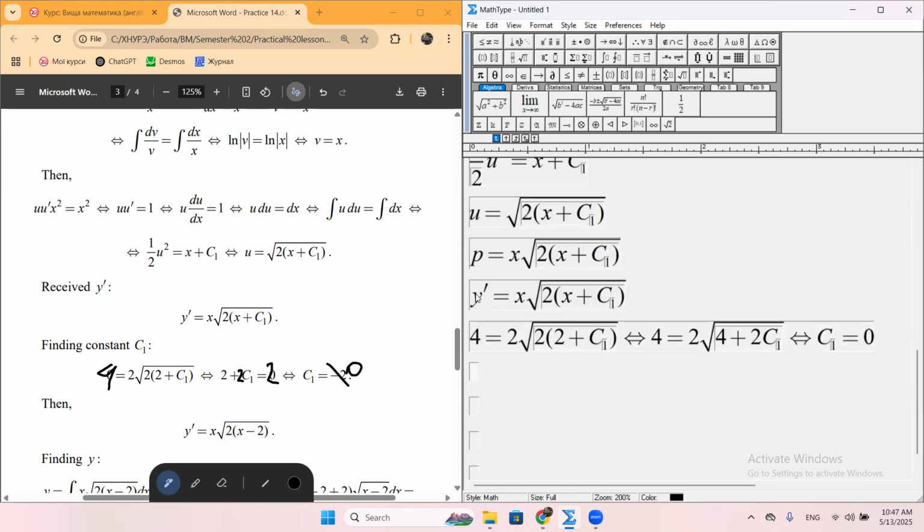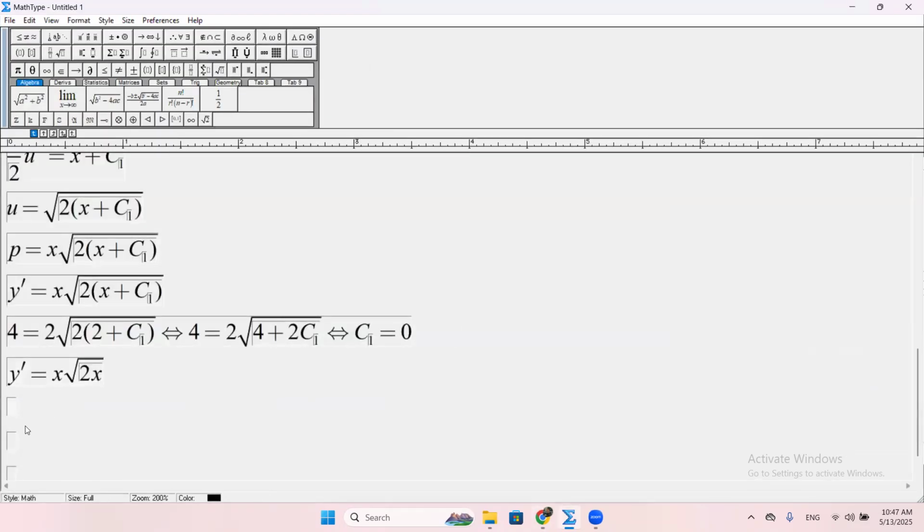So received that y prime equals x times square root of 2x. And now let's integrate. So y equals the integral. Let me move square root of 2 out of brackets: x square root of x dx.